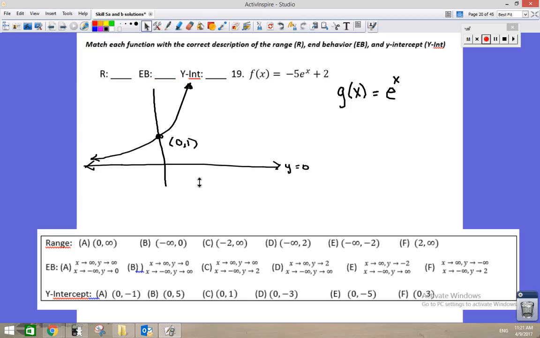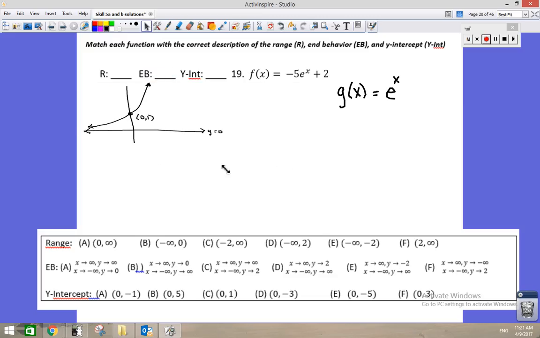So let's reflect, and then that's the effect of this negative sign.